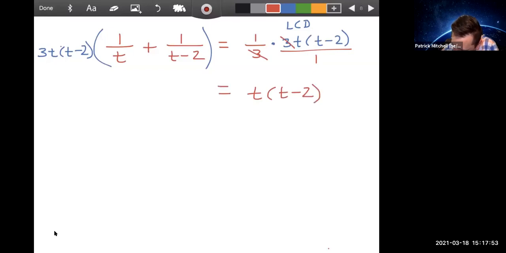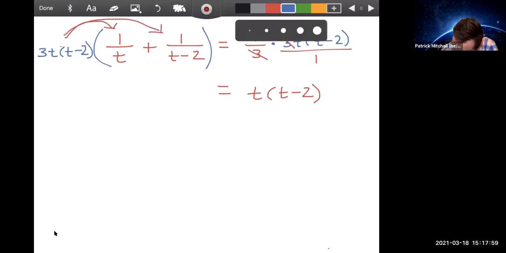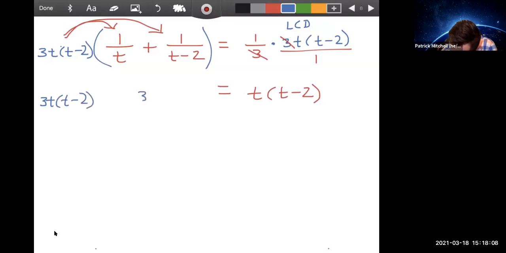All right, now I'm going to distribute 3t times t minus 2, and that is going to give me, I'm going to write it very small so that I can show as much work as possible. I think I'll be able to squeeze this in here. Okay, so that's times 1 over t, and this is times 1 over t minus 2.